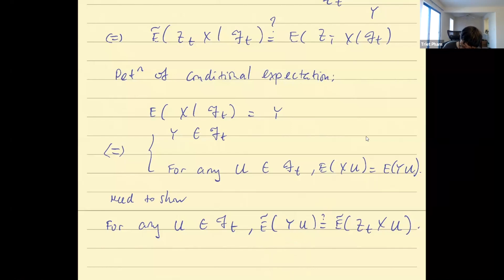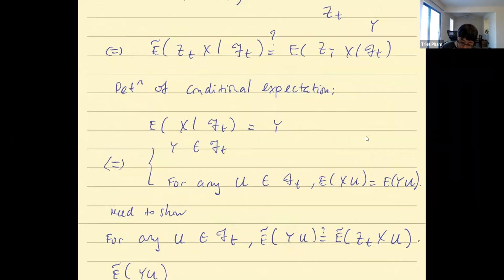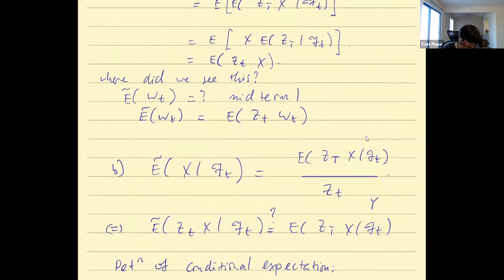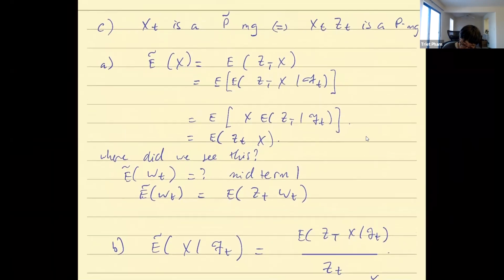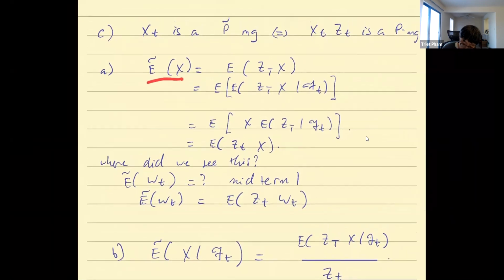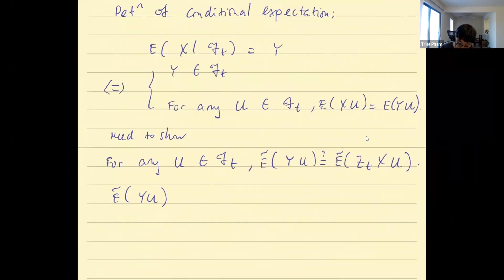Well, actually this will be E tilde of Y times U, because both of these are in FT by part A. By part A, this will be expectation of ZT times X. So that will be expectation of Y times U times ZT.